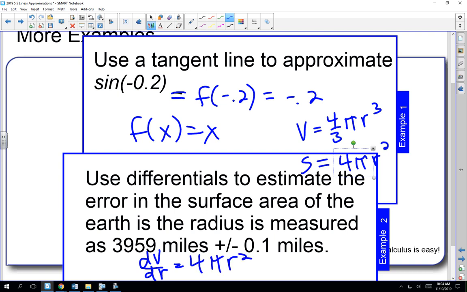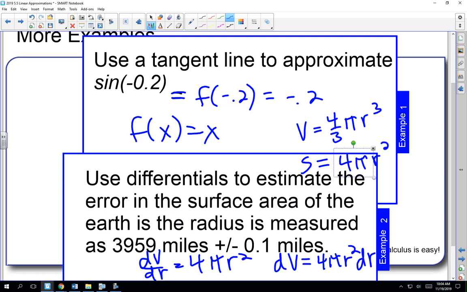And we just do a little bit of algebra here. The differential is the dr here, so we've got dV equals 4 pi r squared dr. And dr, we treat like an independent variable. You're going to plug something into that.